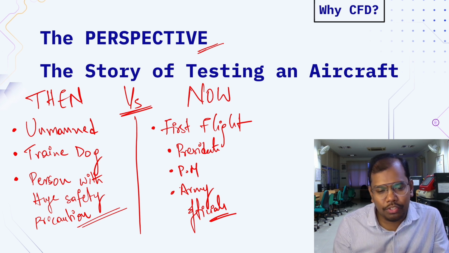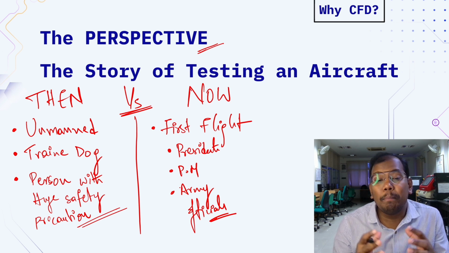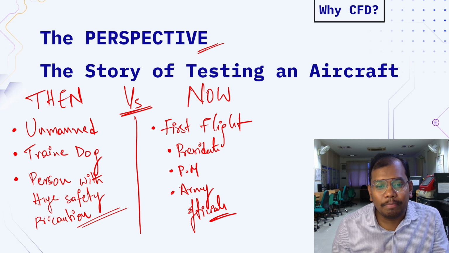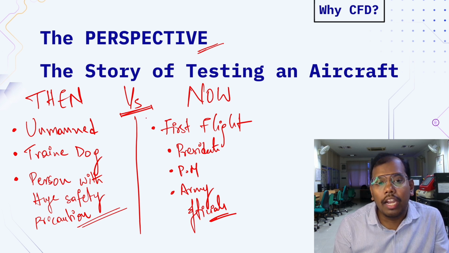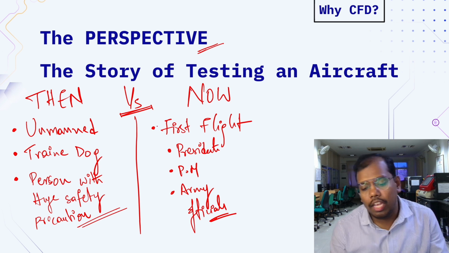But the story gives us a very good perspective of how CFD has changed the story of designing or testing an aircraft. So this has a huge impact on the way engineering is done when it comes to the fluid dynamic principles.